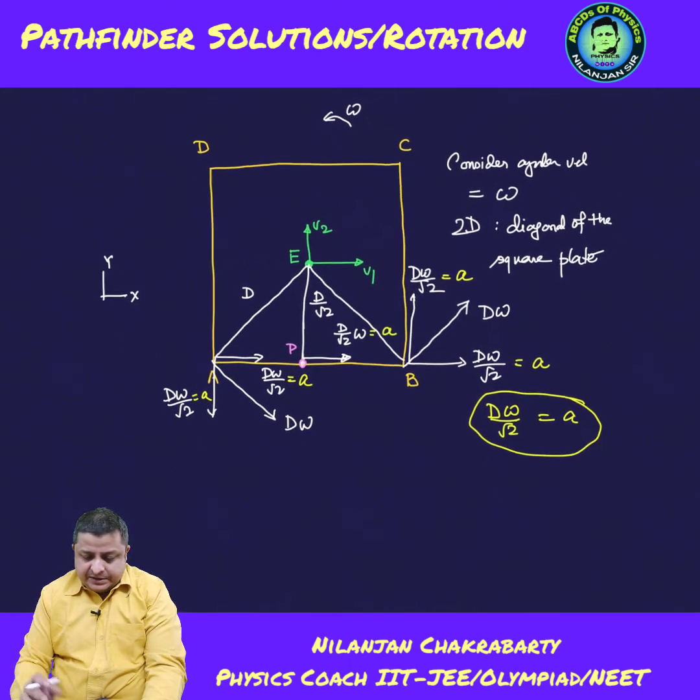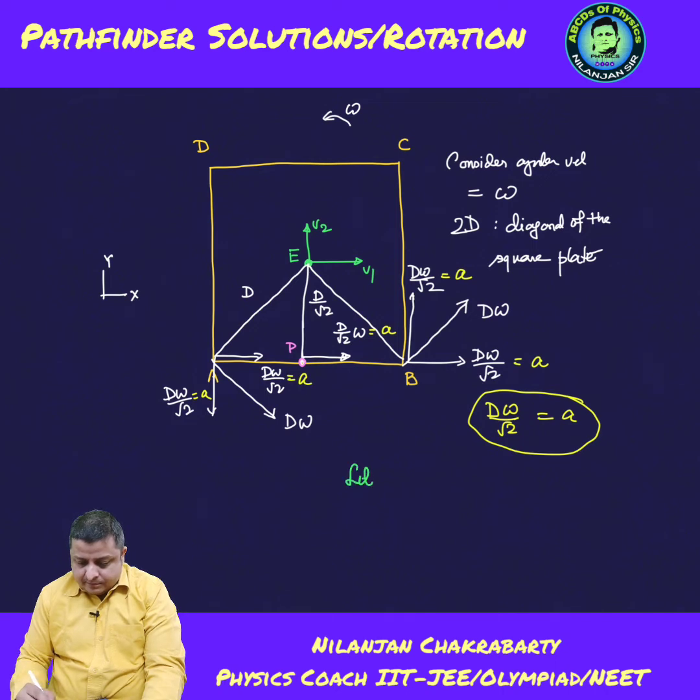So we can write, velocity of E is v1 i cap plus v2 j cap.